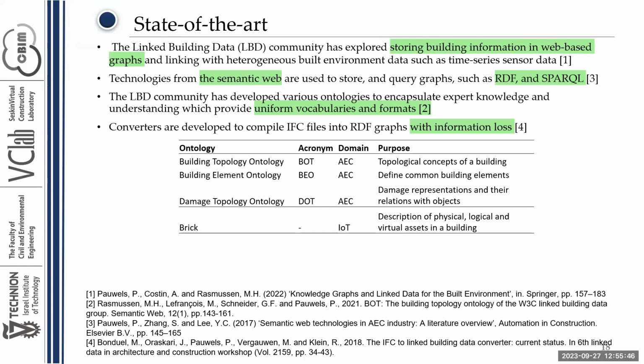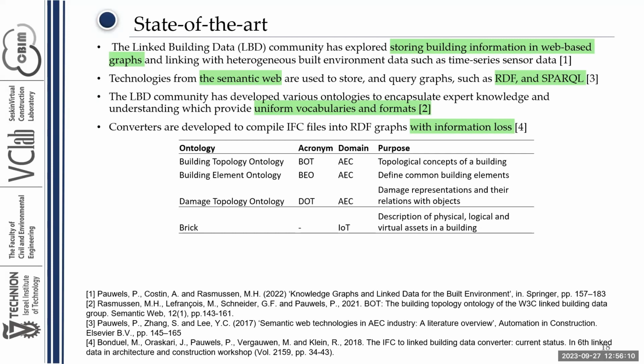After adopting the semantic web technologies and the developed ontologies, they also constructed a series of converters. For example, they developed an IFC to LBD converter, which can help users compile BIM models from IFC files to LBD graphs.